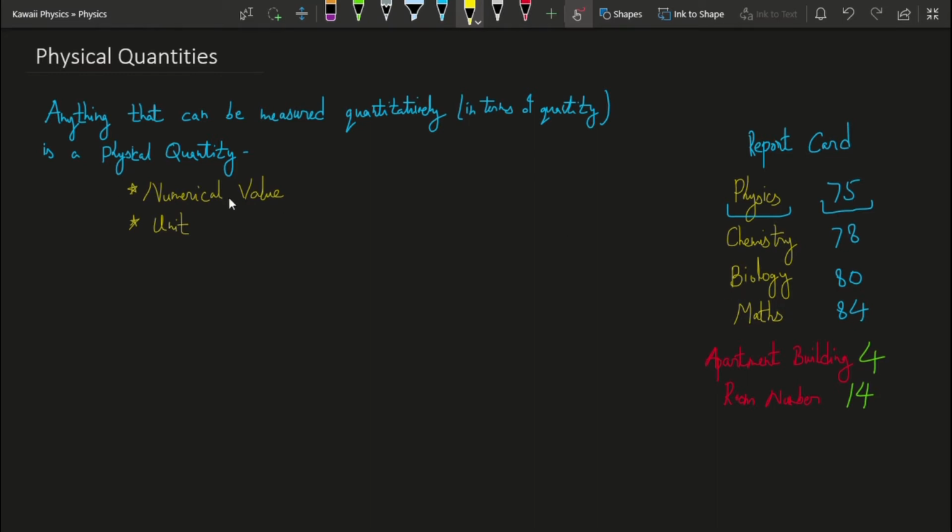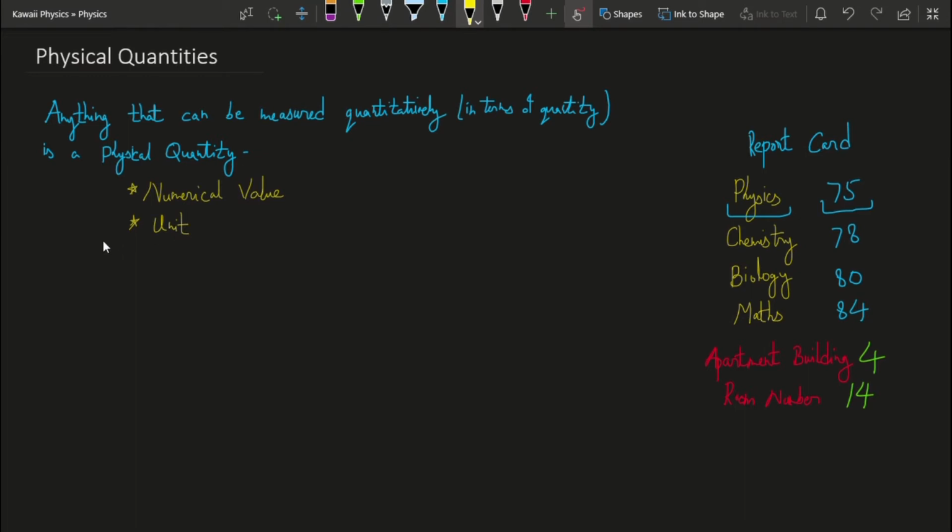And then you have the unit, and the unit is the standard of measurement through which you compare the results. For example, in terms of length we use the meter, m. In terms of mass, kilogram, kg. In terms of time, the second, etc.